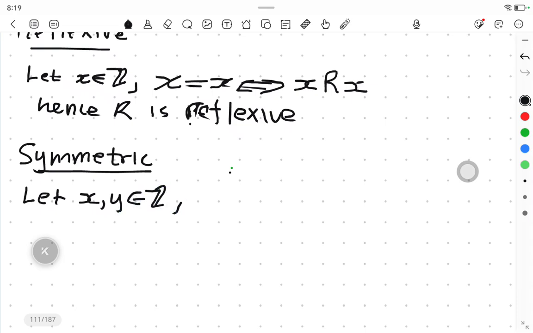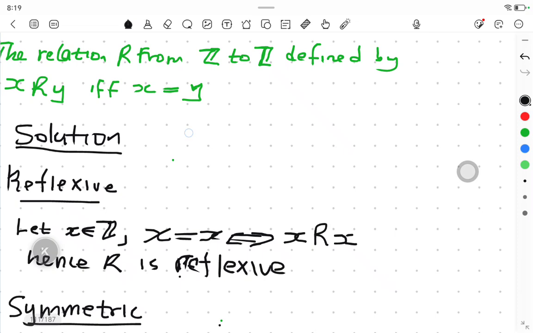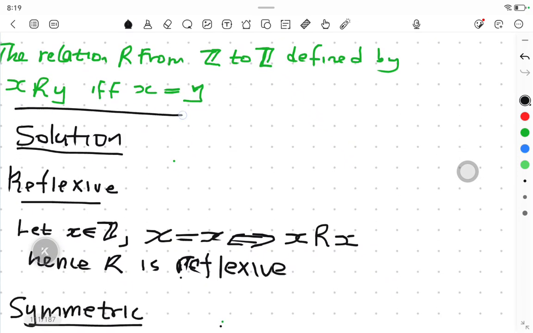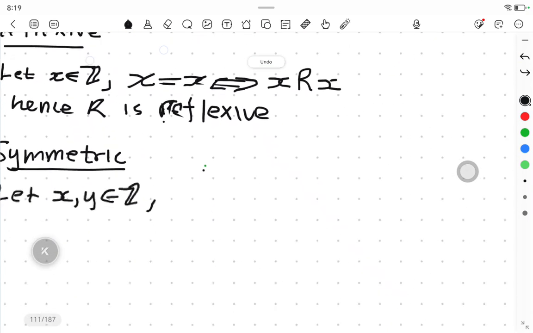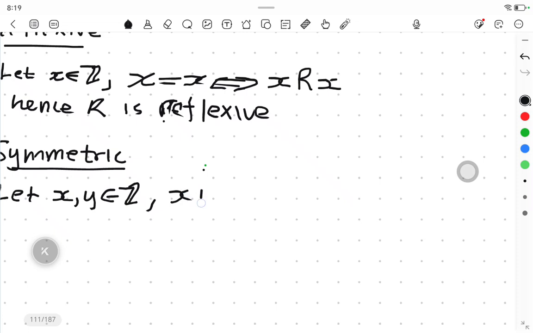And then after that, here we're going to take the definition as it is. It says that x is related to y if and only if x is equal to y. For us to prove that this is true, we must arrive where we say that y is related to x. So for us to arrive there, we must apply commutativity.